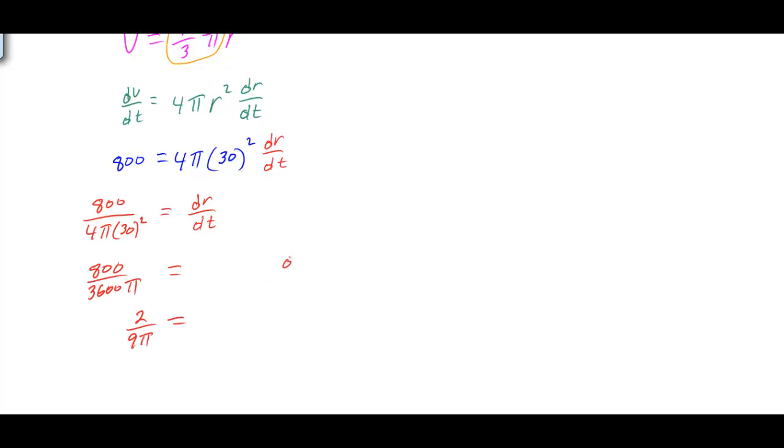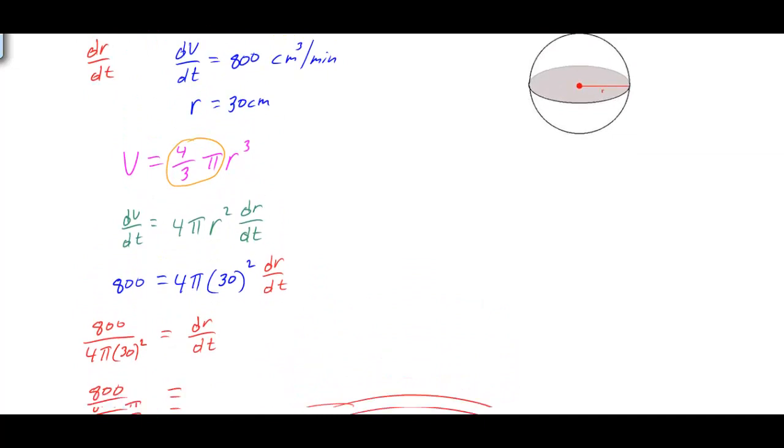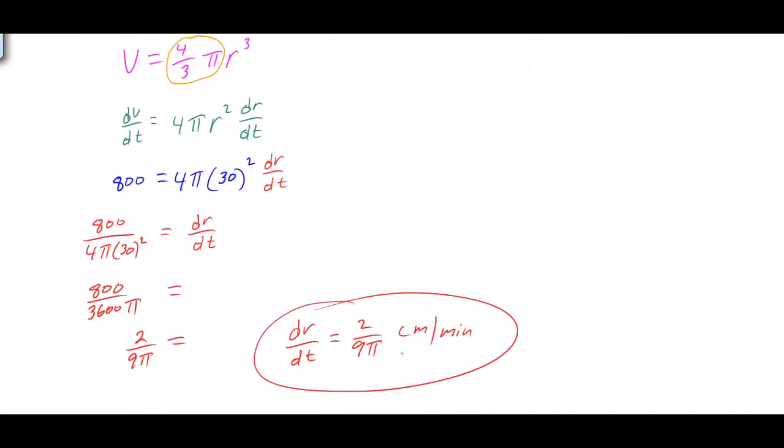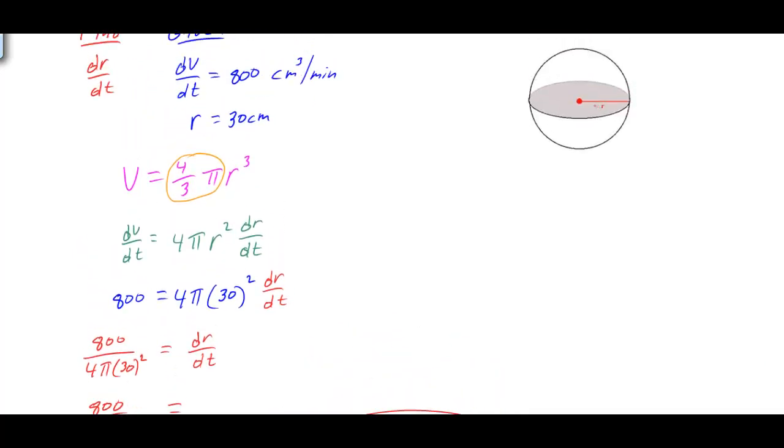So that tells us that dr/dt is equal to 2 over 9 pi, and our units would be centimeters per minute. Once again, that tells us the radius of the sphere is changing at a rate of 2 over 9 pi centimeters per minute at the instant the radius is 30 centimeters.